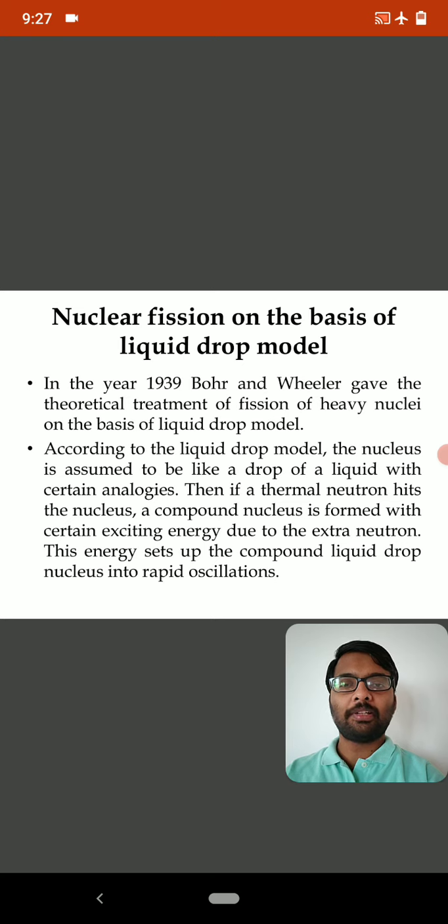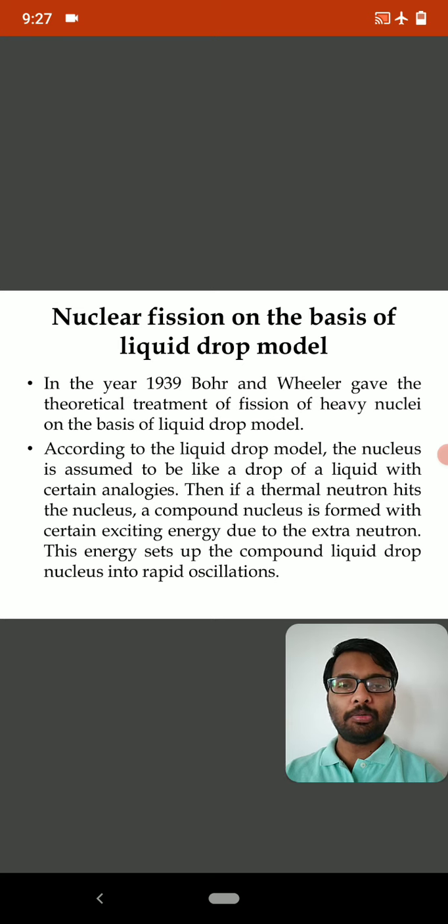According to this model, the basic assumption is that the nucleus is like a drop of liquid with certain similarities.